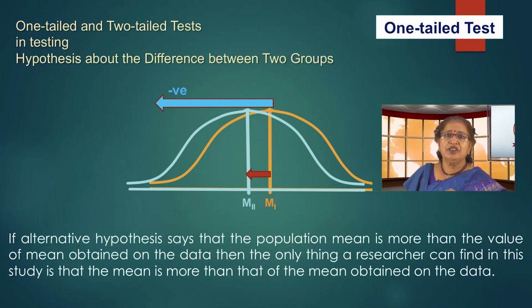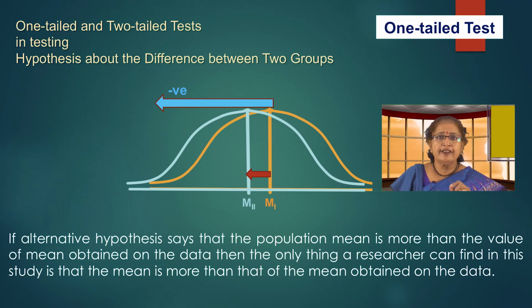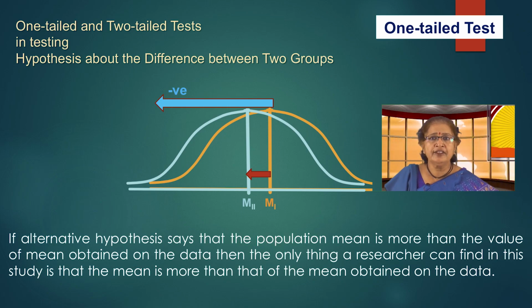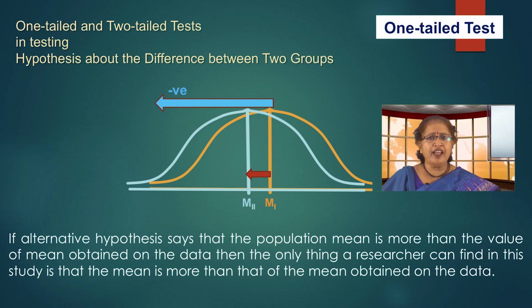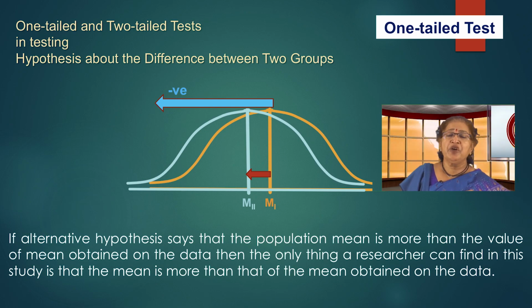In directional or one-tail tests, the alternative hypothesis limits what a researcher has a choice to discover. If the alternative hypothesis says that the population mean is more than the value of the mean obtained on the data, then the only thing a researcher can find in this study is that the mean is more than that obtained on the data.